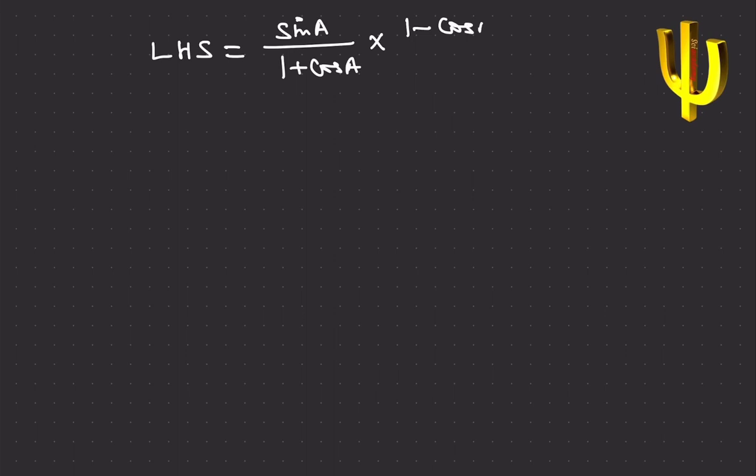After that we will have LHS equal to sin A divided by 1 plus cos A into 1 minus cos A divided by 1 minus cos A.